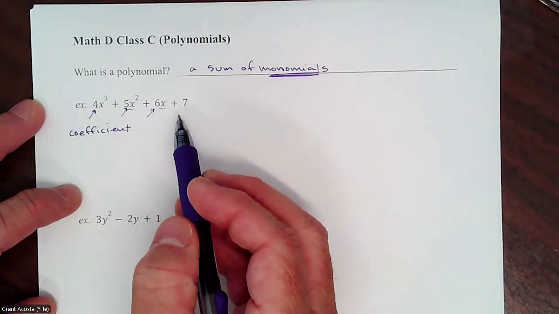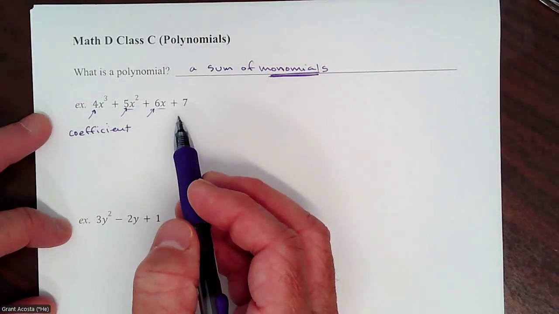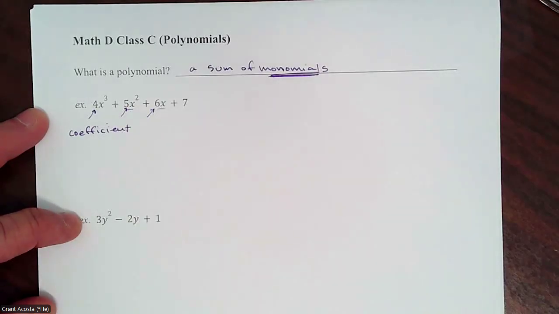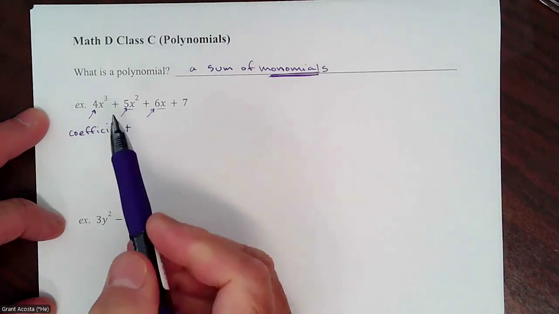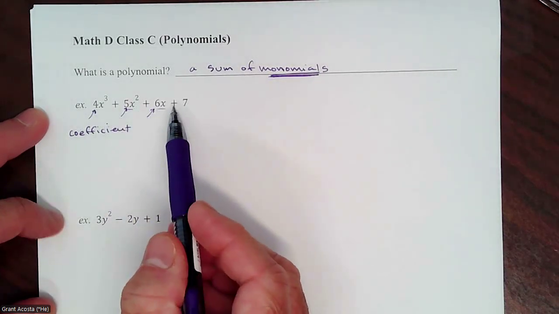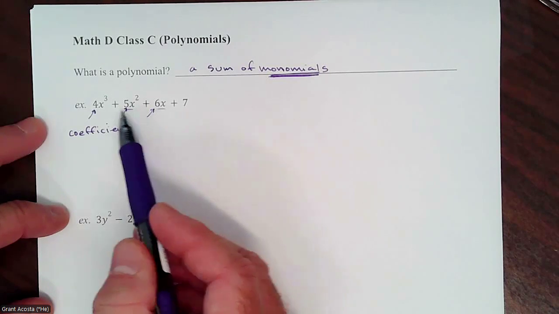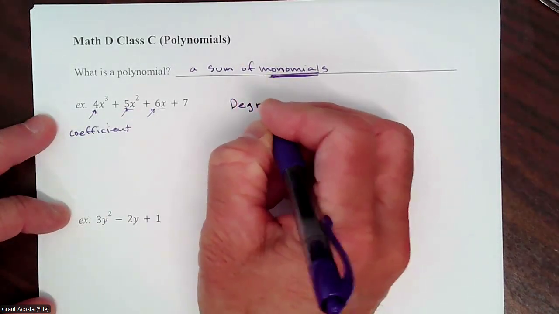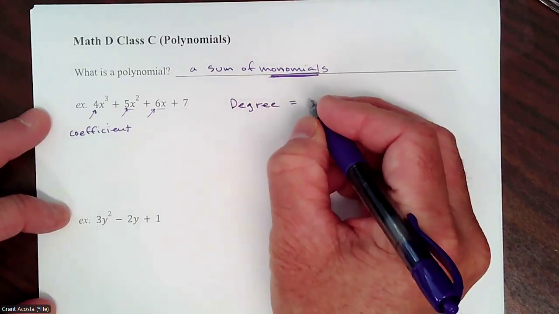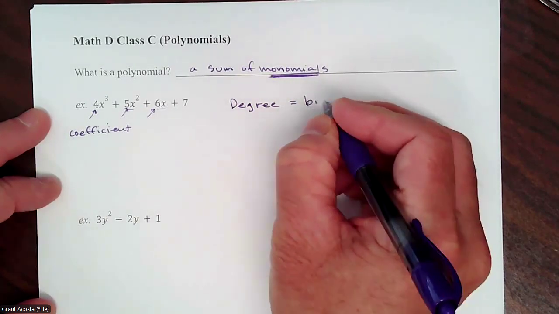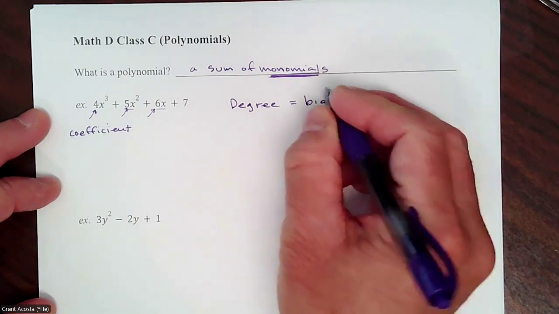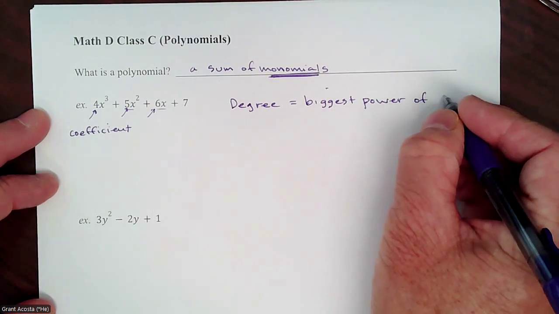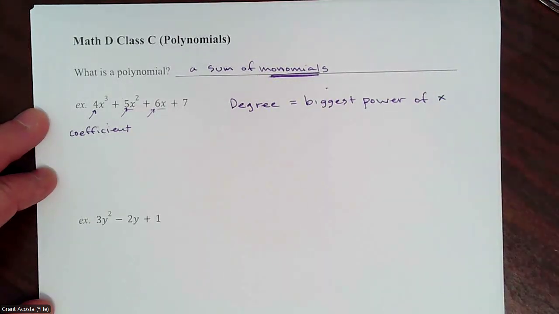When we talk about polynomials, we sometimes want to classify them. For a typical polynomial where you only have one variable x, we often classify them by their degree. The degree is the biggest power of your variable, in this case x.